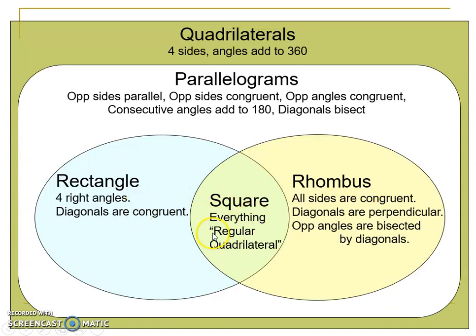It has every property, and it's a regular quadrilateral. Regular means all sides equal, all angles equal. That's called a regular polygon. So a square is a regular quadrilateral.